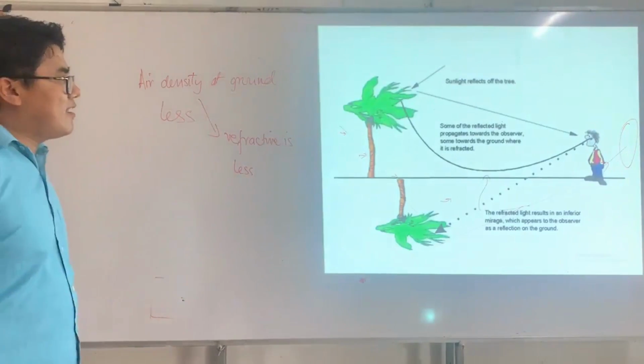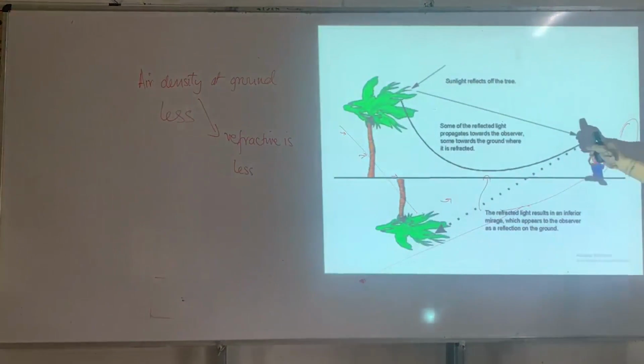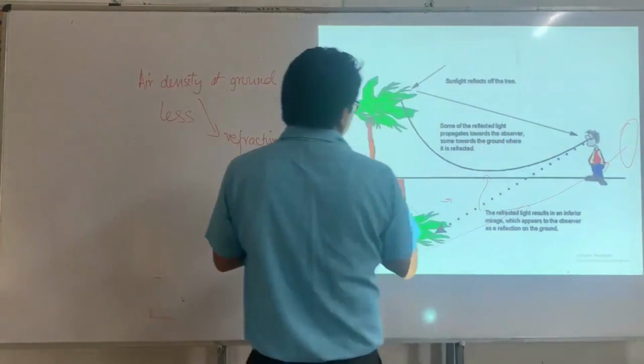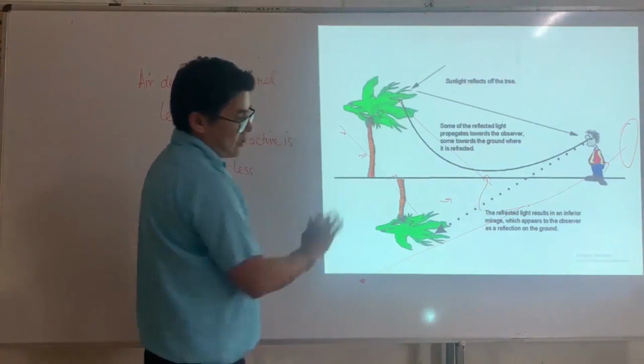This is again a diagram. If you see directly, you can see trees, but because of a hot summer, instead of light going straight, it undergoes total internal reflection.